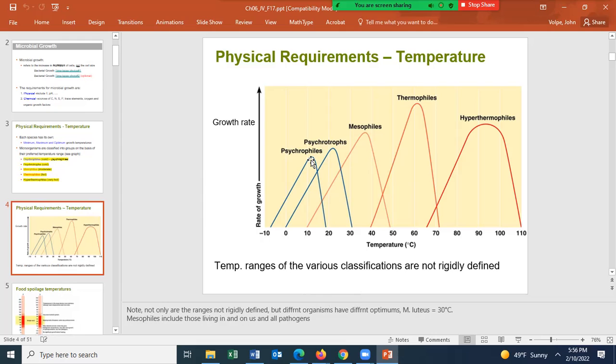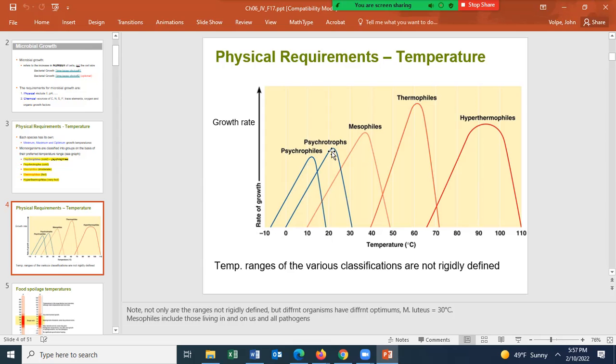This is refrigeration temperature. They like growing at very low temperature. There are bacteria that can grow in your refrigerator, the psychrophiles, and they can spoil your food. That's why most food in the refrigerator should be thrown away after a week, because the psychrophiles will grow and can spoil the food.